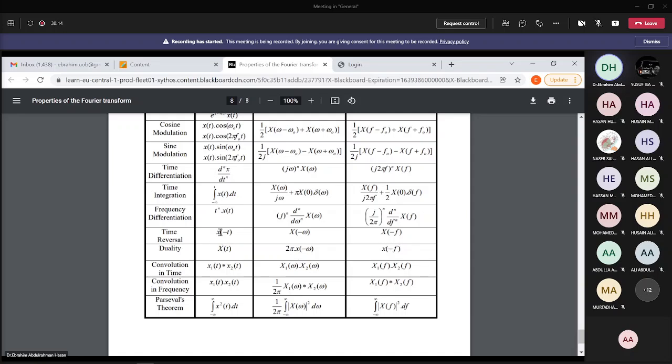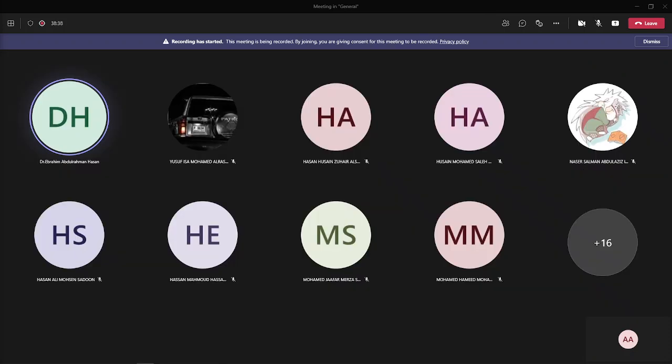We said that small we reserve for time domain, and capital letter we reserve for frequency domain. Here it is written the opposite: x capital of t gives x small of minus f. Let's explain this a bit. Why is it written with capital and small here?